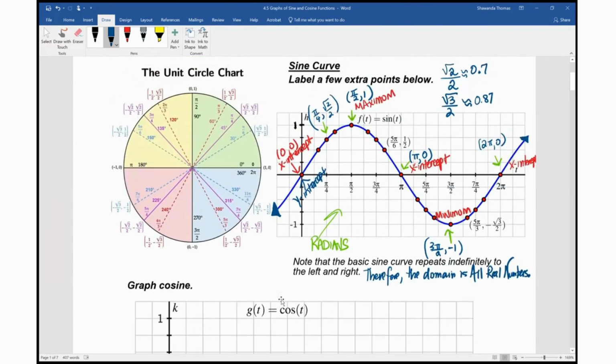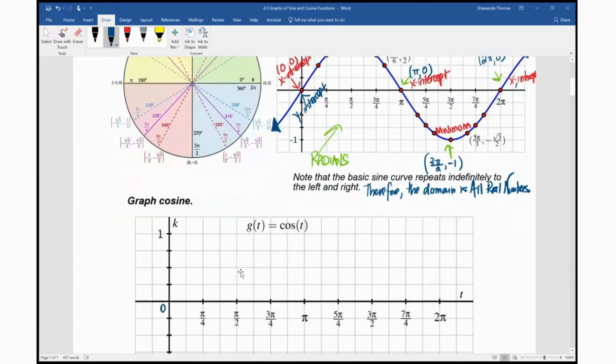How do you find the cosine on the unit circle? Oh, it's 1. Yes, it's 1.